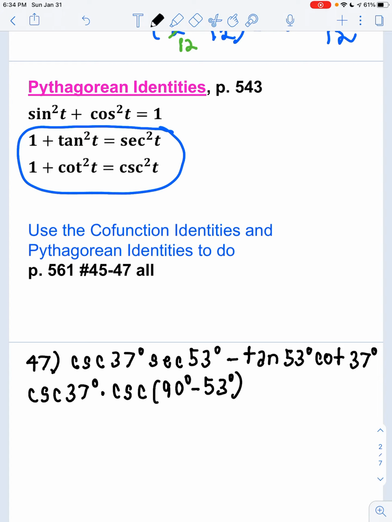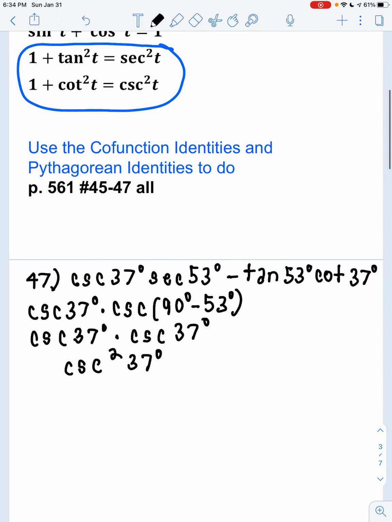And 90 minus 53 is 37, so that actually means I have the cosecant of 37 degrees times the cosecant of 37 degrees, which, if there are 2 of them, is the square of the cosecant of 37 degrees, which we write as cosecant squared 37 degrees.